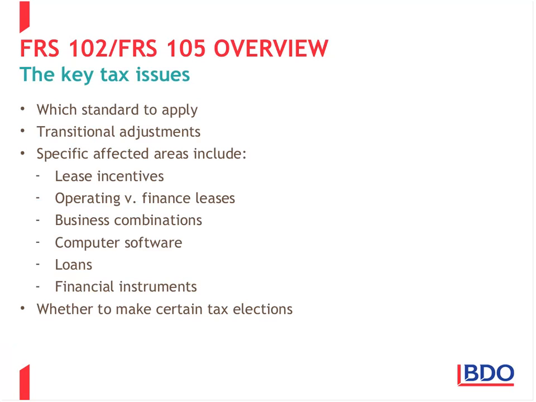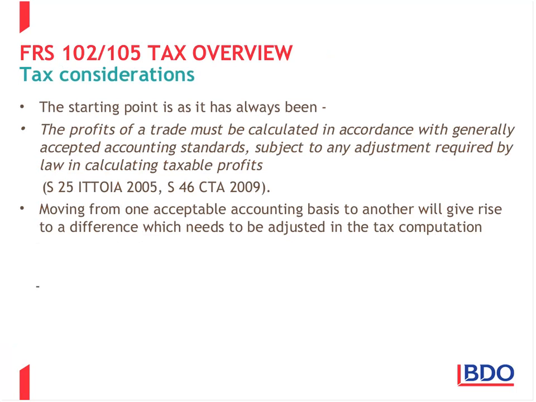Another key area is what to do with transitional adjustments. And there are some specific areas that we have encountered: lease incentives, operating and finance leases, business combinations, computer software, loans and financial instruments. There are also some tax elections which need to be made and to which time limits adhere.